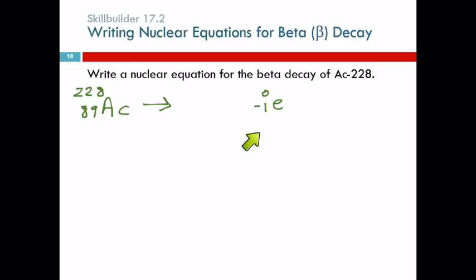I write this because it says beta decay. And now I'm just going to look at the mass number and the atomic number and make them add up to the same thing on each side. So 228, I need 228 here to add with 0. So that stays the same. Here I've got 89. Over here I need 90. 90 and -1 will equal 89. So 90 is thorium.